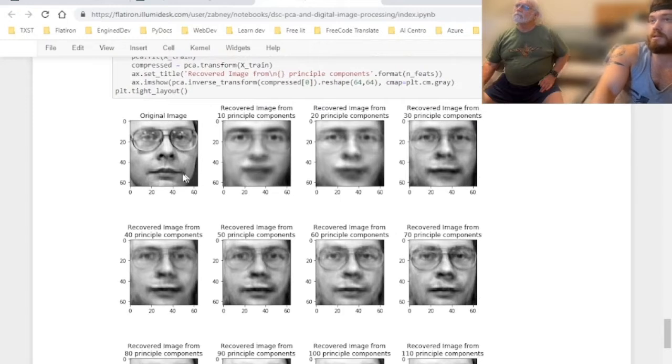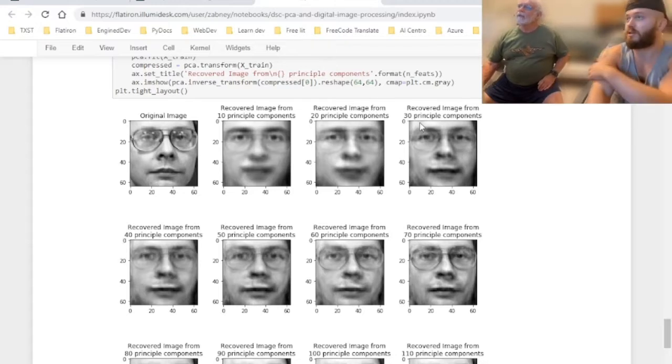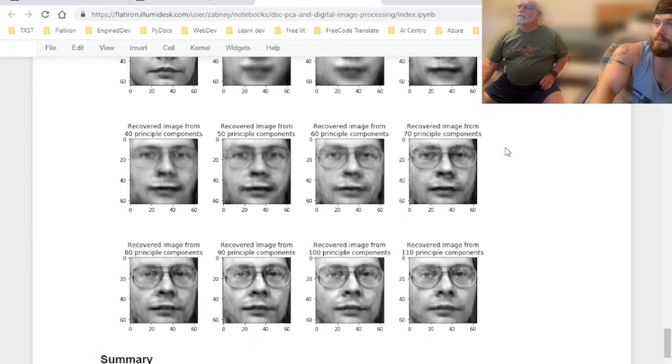And so, okay, here you can see this is with 10 principal components or 20 or 30 principal components. Now, principal components, we're saying features. So say originally there were 1,000 features, when we project to 30 principal components, that's saying we reduced it from 1,000 to 30 features, which is obviously going to be much easier to compute.